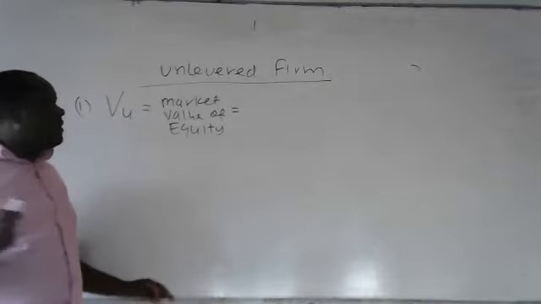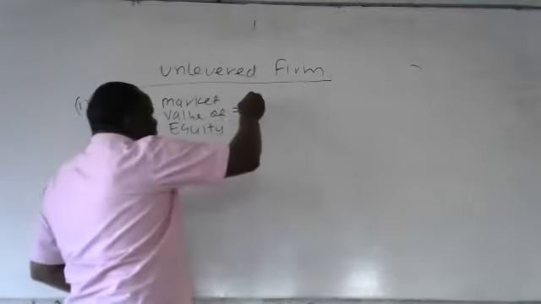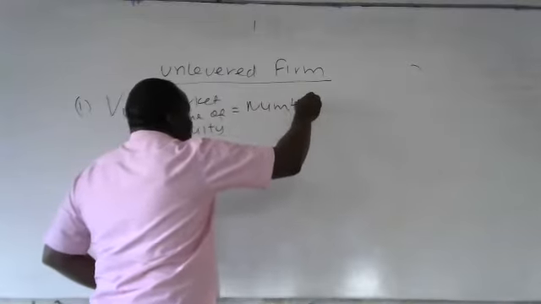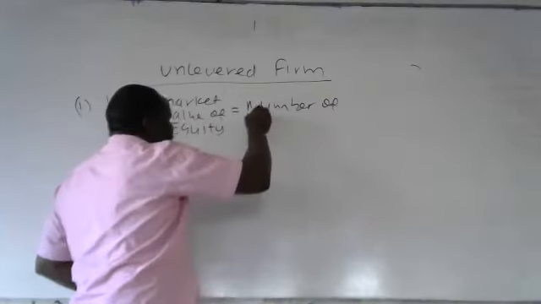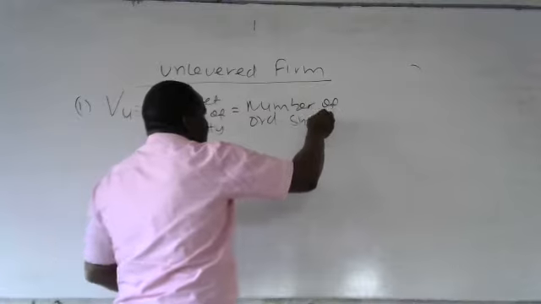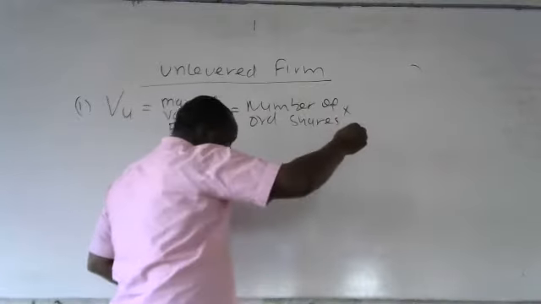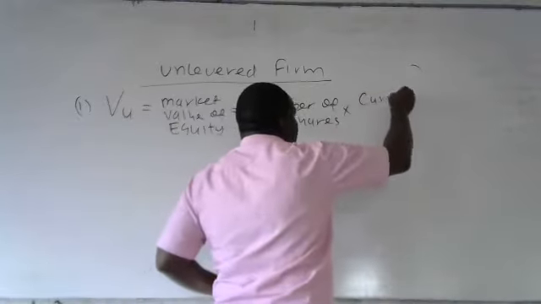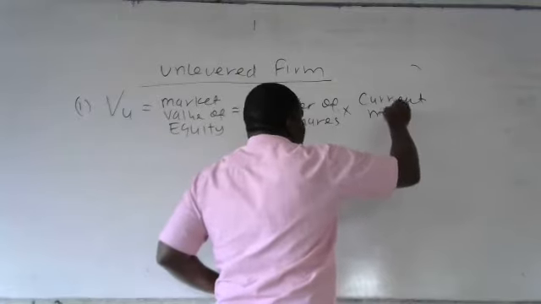When KEU is not given, we simply take the number of ordinary shares multiplied by the current market price per share.